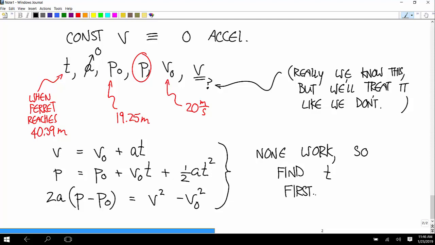To find t, we just have to go back to the motion of the ferret, figure out the time that it takes to get to its highest point, and then that's the time we'll use here.